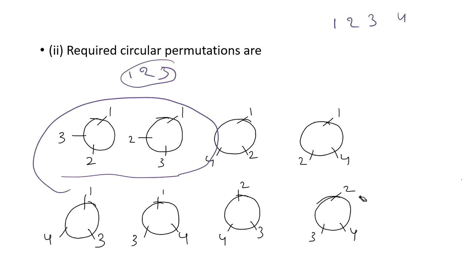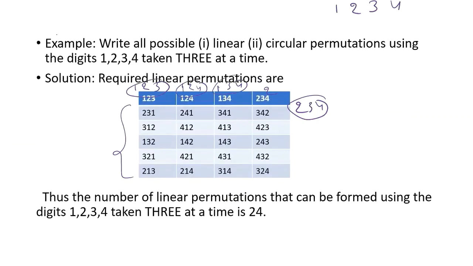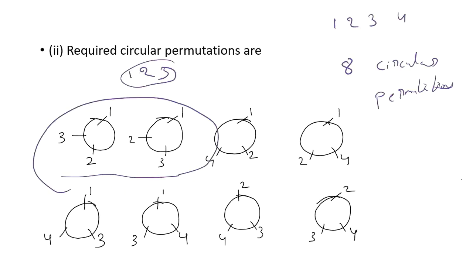So on the whole we have 8 circular permutations. And how many linear permutations do you have? You have 24 linear permutations. And circular permutations, how many do you have? You have 8 circular permutations.